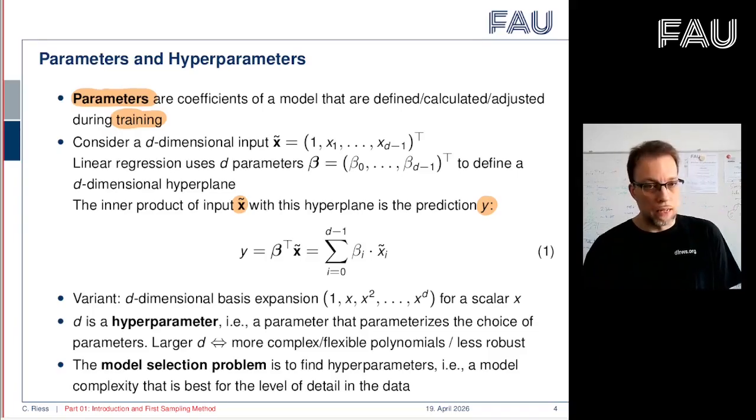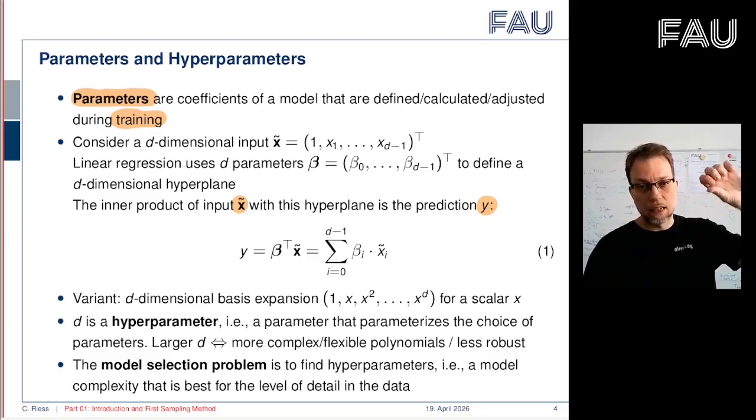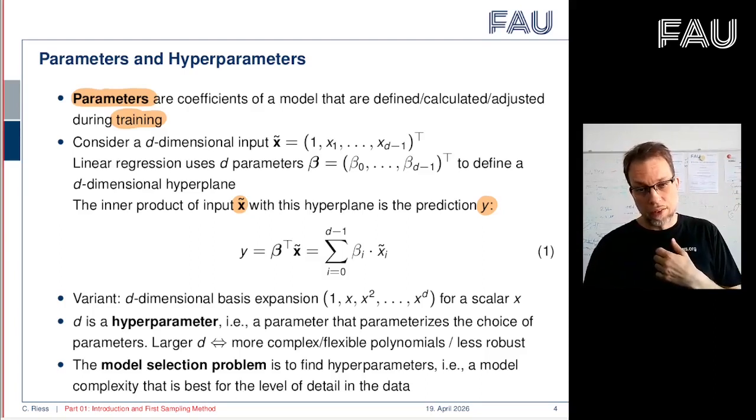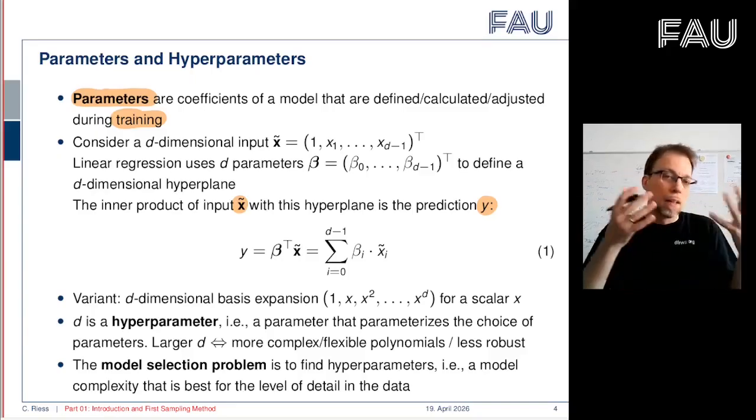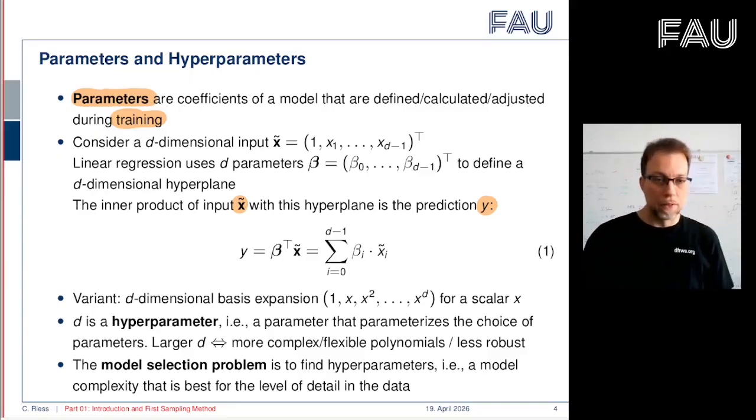You can also say these d dimensions are actually not dimensions with different input data. These are just polynomials or monomials of higher degree of the same scalar input variable x. It's just a variant. You can mix and match this. And then you have your linear regressor.